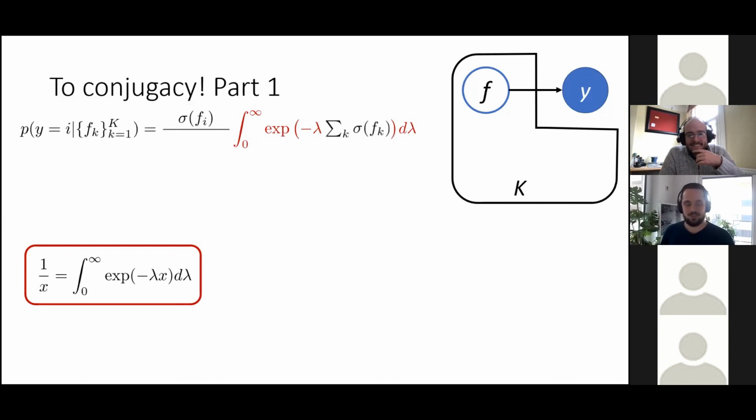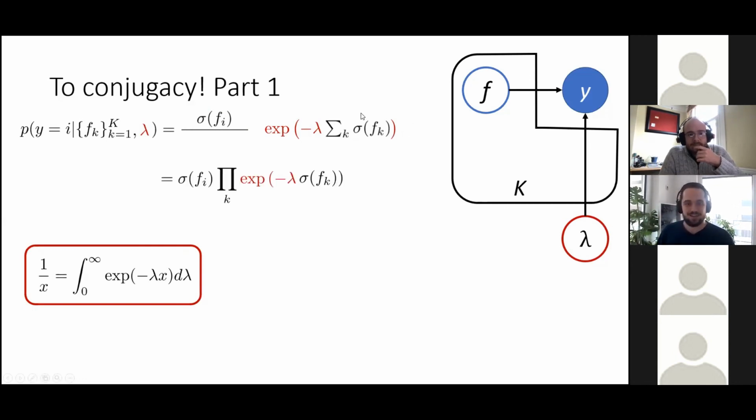So I can just put my sum inside, and I remove the integral by adding lambda as a new augmented variable. So it should also appear in my graphical model. Now, because it's an exponential, I can transform the sum into a product, which is the whole point: getting rid of the sum.